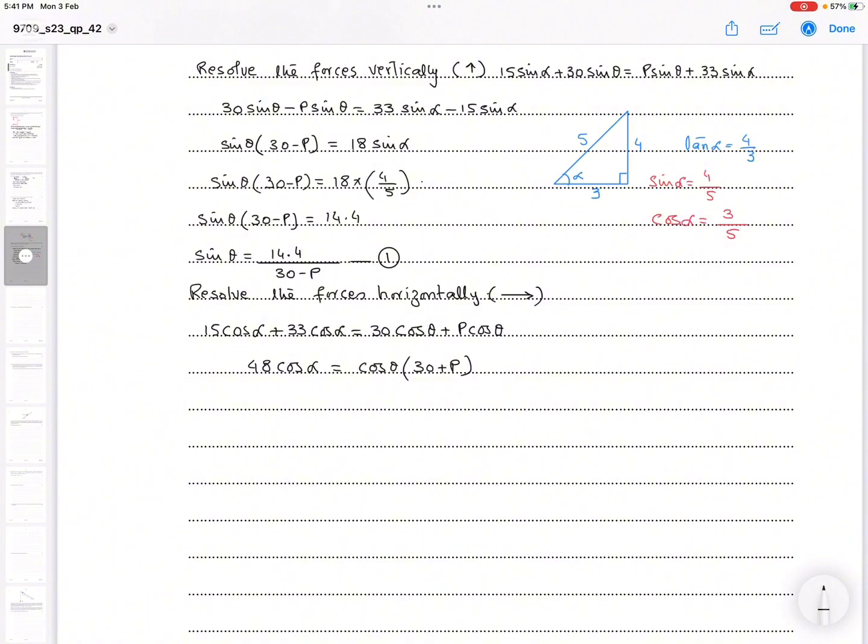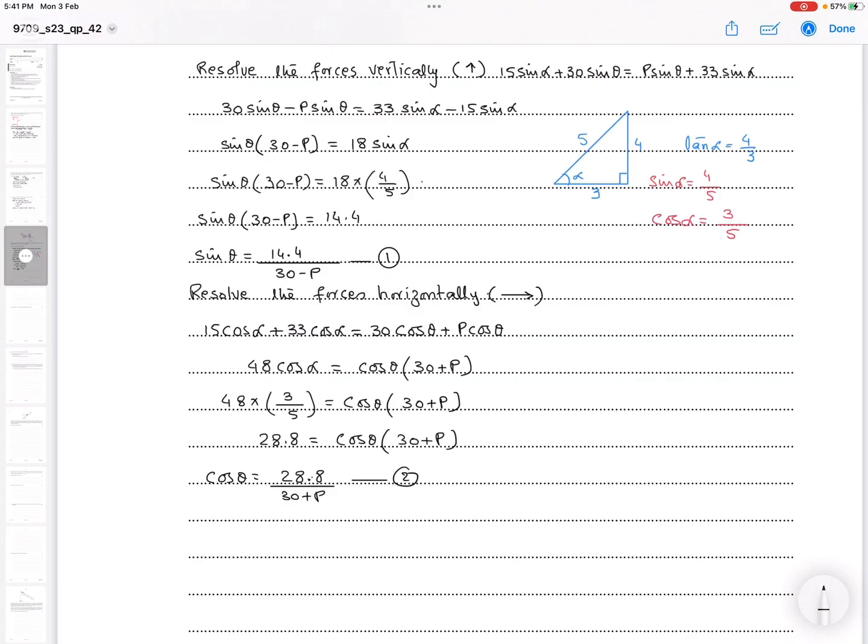So write this here with 48: 48 times cos alpha, which is 3 over 5, is equal to cos theta times 30 plus P. So 28.8 equals cos theta times 30 plus P, and make cos theta the subject. You will get 28.8 divided by 30 plus P. This is your equation number 2.